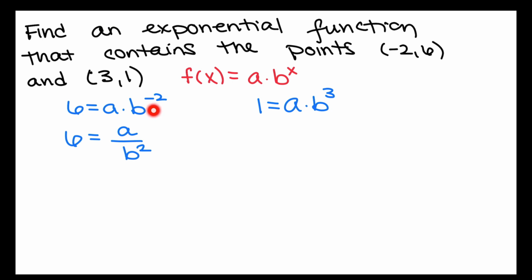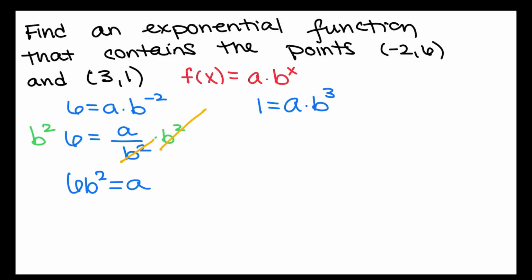So I can take this b to the negative 2 and move it to the bottom, and it becomes b squared. So this first equation, 6 equals a times b to the negative 2, is equivalent to 6 equals a divided by b squared. We can solve this equation for a by multiplying both sides by b squared. The b squareds cancel out on the right.